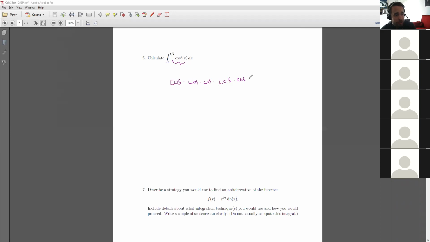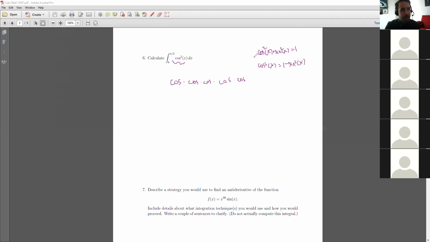And one of our trig identities that we love and use surprisingly often is the fact that cosine of x squared plus sine of x squared equals 1. So if I have two copies of cosine, cosine times cosine of the same thing, I can replace that: cosine squared is equal to 1 minus sine squared.